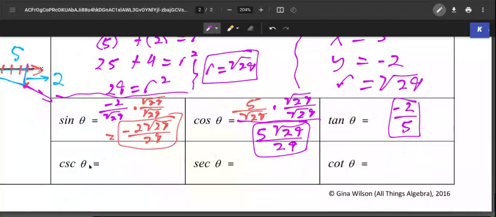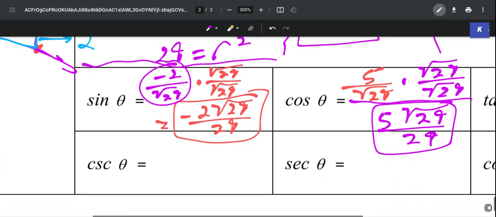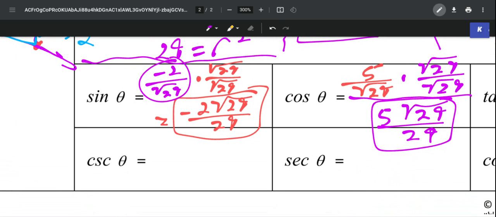And then for cosecant, secant, and cotangent, we just take sine for cosecant and flip it. We're actually going to take this portion here. Don't take what you've already done there. Take this portion here and flip it. So we're going to take -2 over the square root of 29 and flip that.